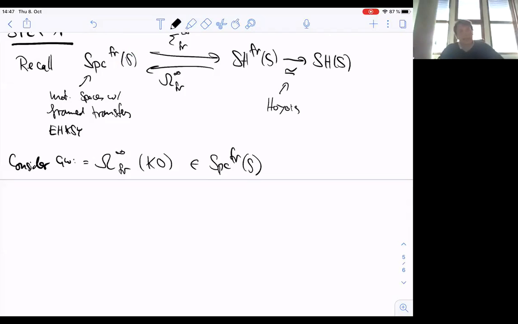And why is that? Because KO represents Hermitian K-theory. And so what this means is this is some framed presheaf whose underlying presheaf is the presheaf of Grothendieck-Witt spaces, and then it has some frame structure. Who knows how that works? Well, you can work out how it works, but it encodes a lot of extra structure.